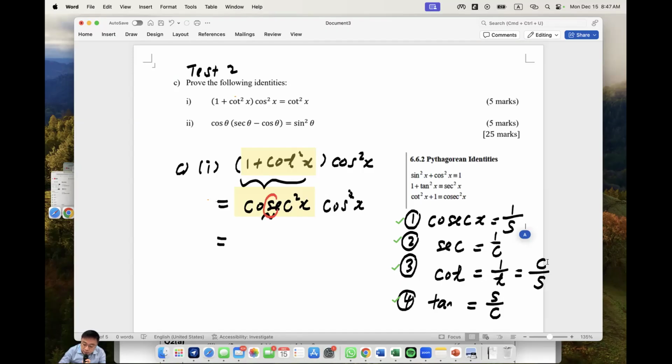So this one can be written as 1 over sine square x multiplied by cos square x. Just no plus. So what is cos over sine, plus, and with a square. So here our answer is done. Yes or no? Do you understand now?